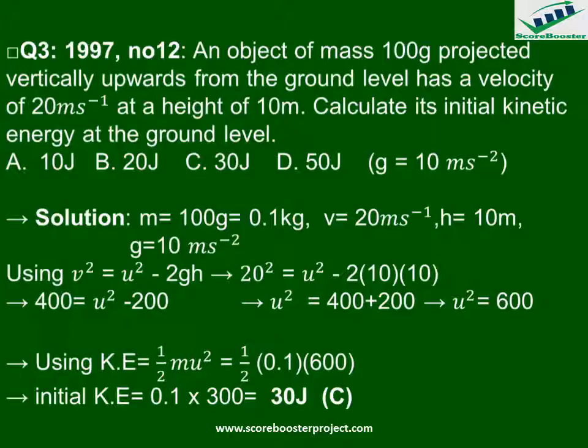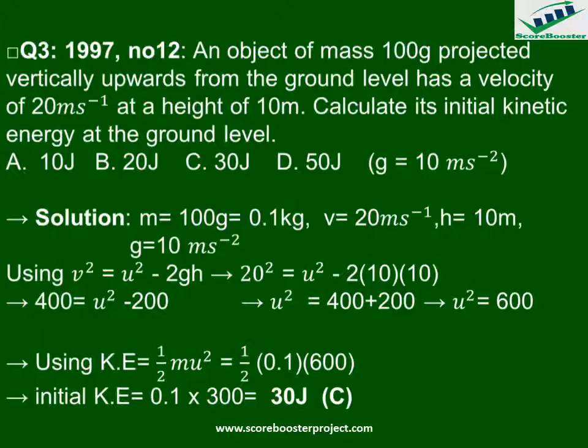Also, we are given velocity v to be 20 meters per second. Likewise, we are given height h to be 10 meters, and lastly, acceleration due to gravity g to be 10 meters per second squared.